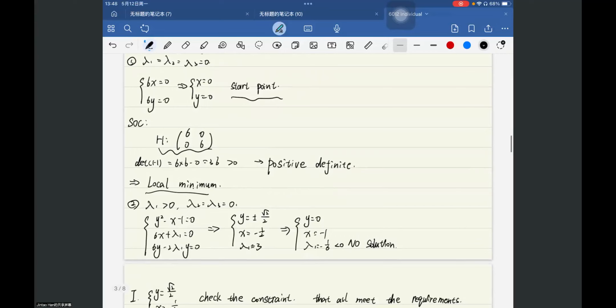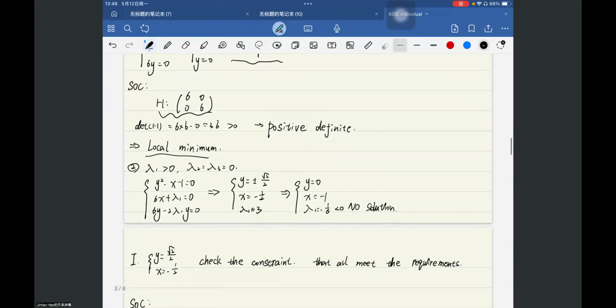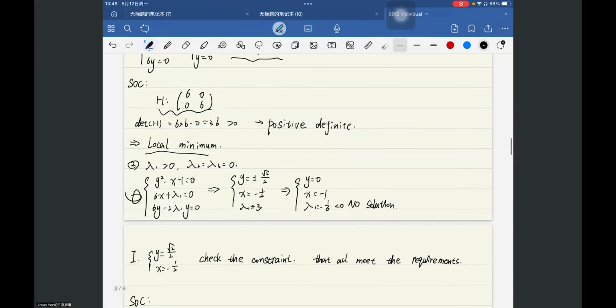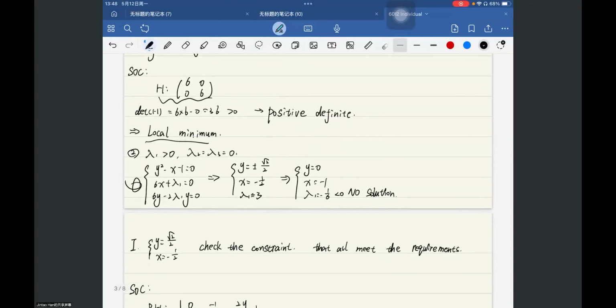The second situation is lambda 1 larger than 0 and lambda 2 equal lambda 3 equal 0. We can get these conditions and we solve for y, x, and lambda 1. In this case, we have three solutions.